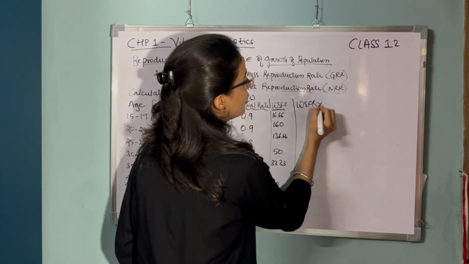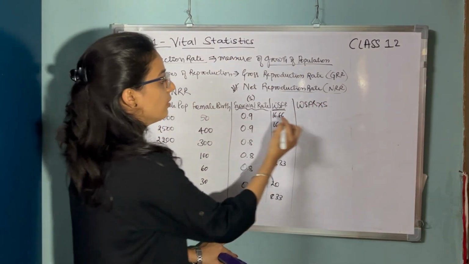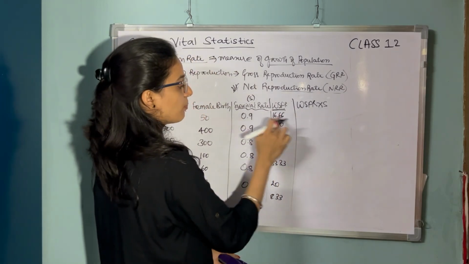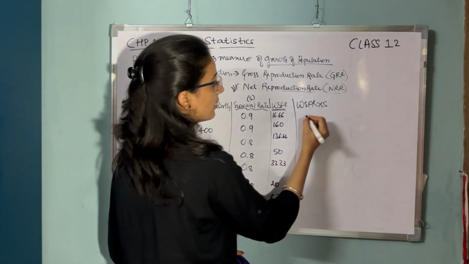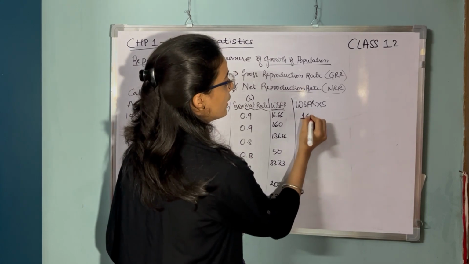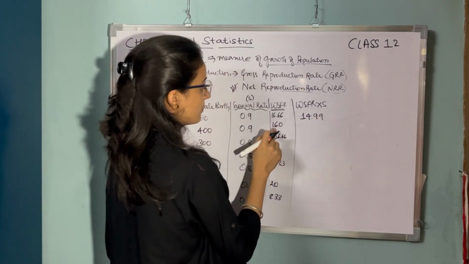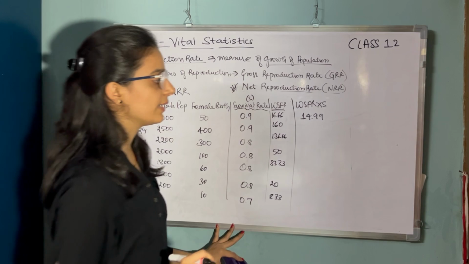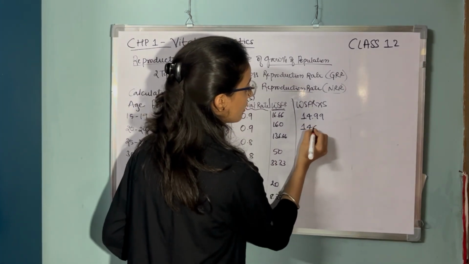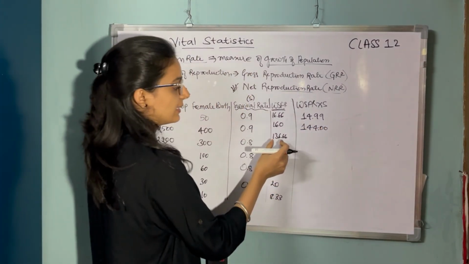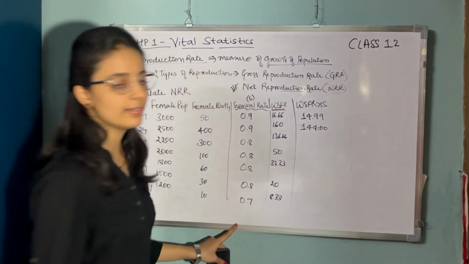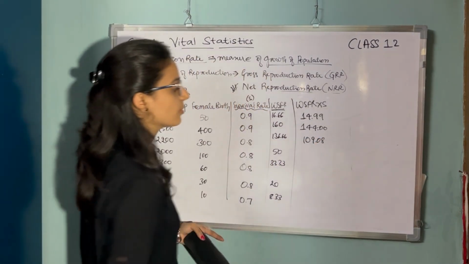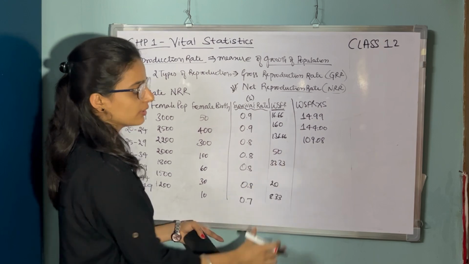In the WSFR into S column, let's multiply 16.66 into 0.9, that will be 14.99. Similarly, 160 into 0.9, 144.00, 136.08, 109.08. Let's multiply it for all the columns.